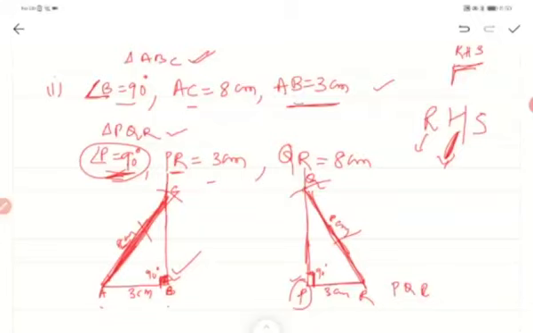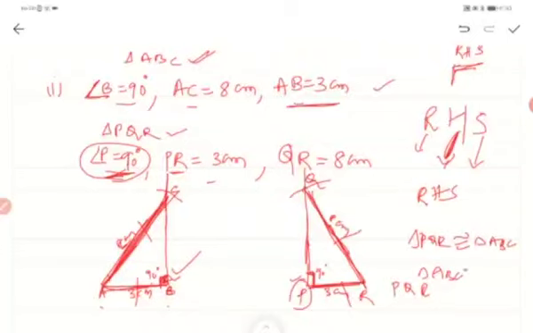We have here both base as 3 centimeter. So now I can say, according to the rule of RHS, triangle PQR is congruent to triangle ABC, or vice versa, triangle ABC is congruent to triangle PQR.